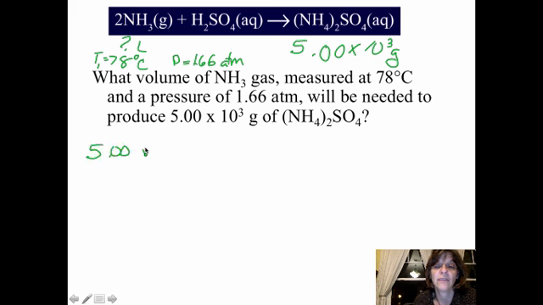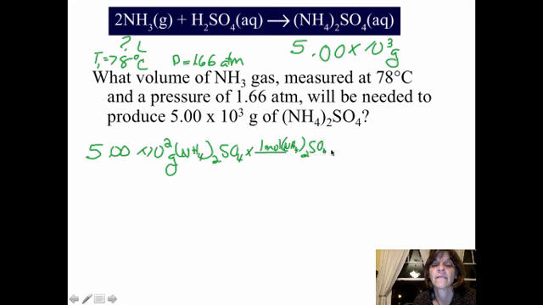So 5,000 grams of (NH4)2SO4, and we need to change that to moles. So the molar mass is, I quickly add it together, hoping my memory is serving me correctly, and I believe it is, 132.1 grams per mole.